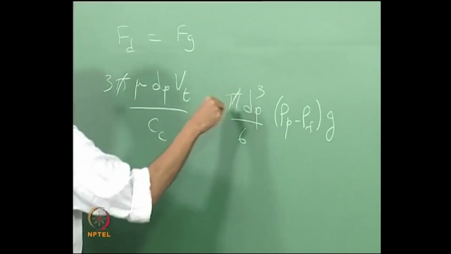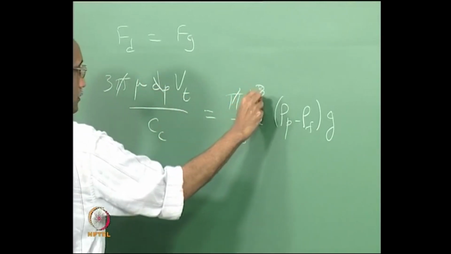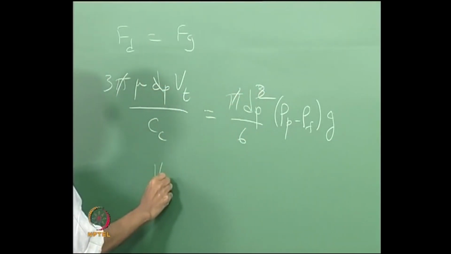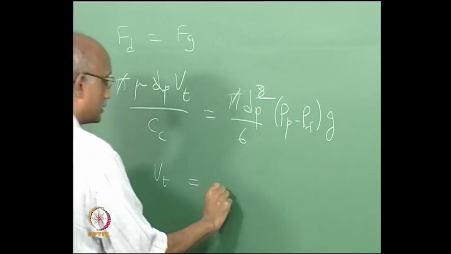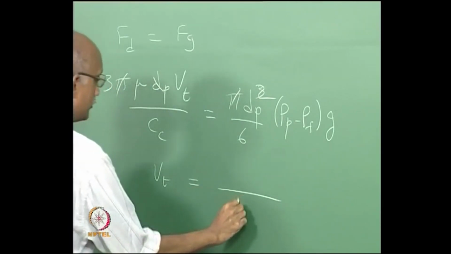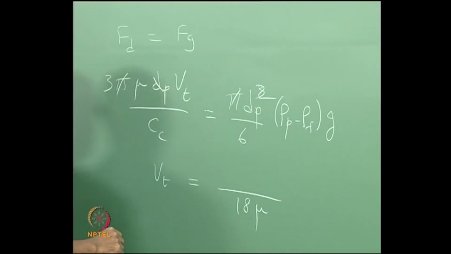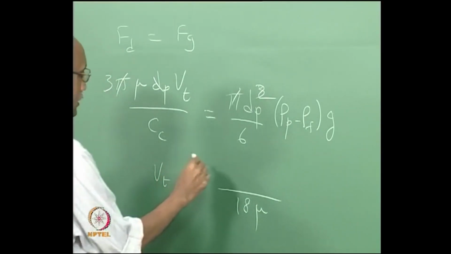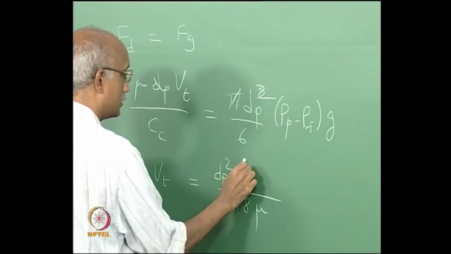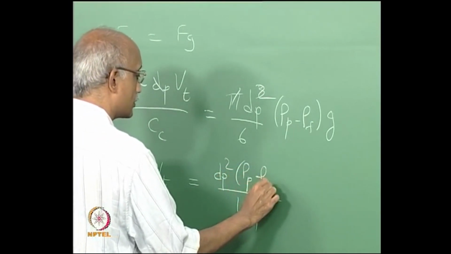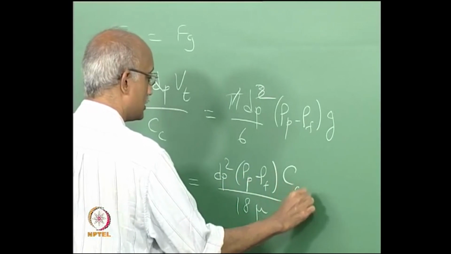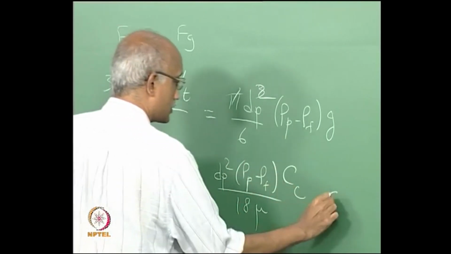So, pi cancels out, dp cancels. So, it's Vt equals, in the denominator you will have 18 mu, and in the numerator you have dp squared times rho p minus rho f times Cc times g, right.